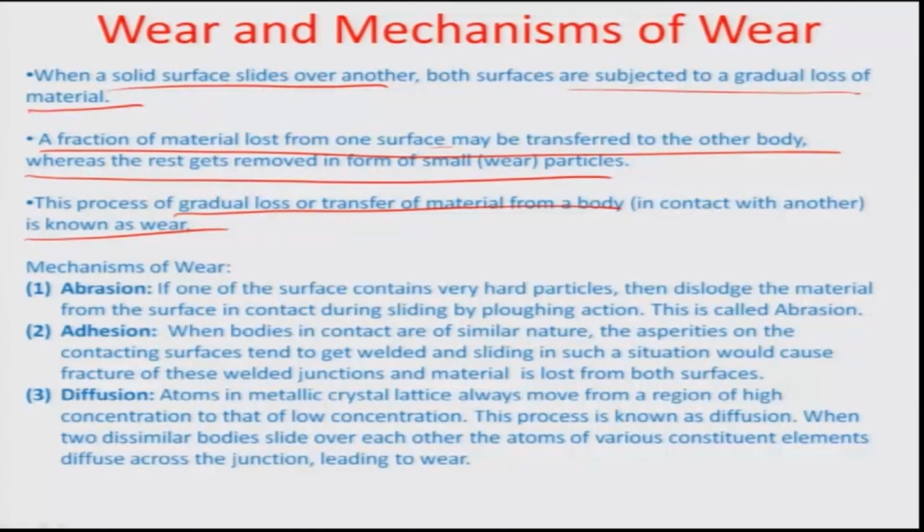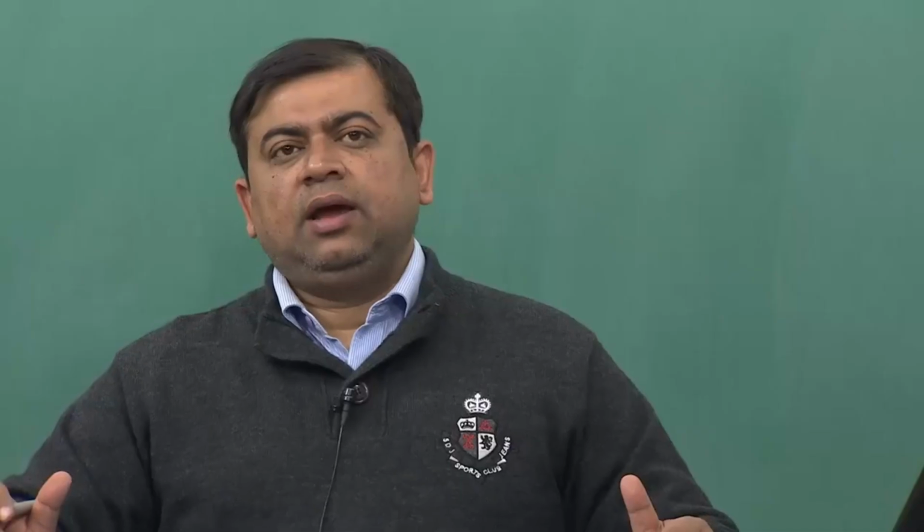Abrasion is one of the mechanisms in which one of the surfaces contains very hard particles and dislodges the material from the surface in contact during sliding by ploughing action. For example, you can look at what happens when you use emery paper or sandpaper, of different grades. So, there are many abrasive particles which are adhering to this paper, and once you are ploughing these abrasive particles into the softer material, it is going to break and damage and embrittle the material and take away a lot of the material this way.